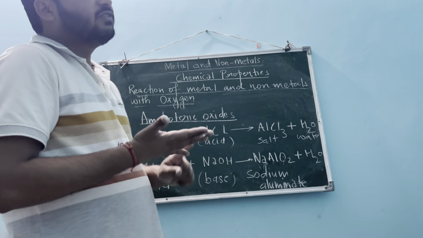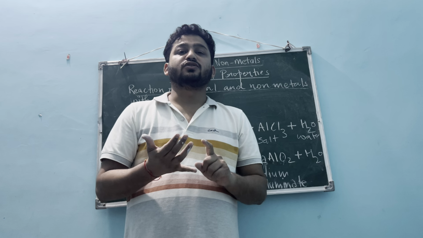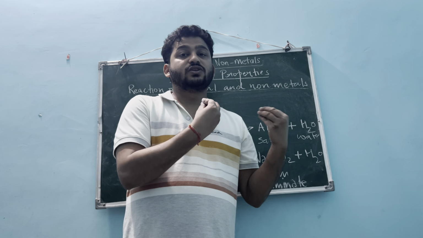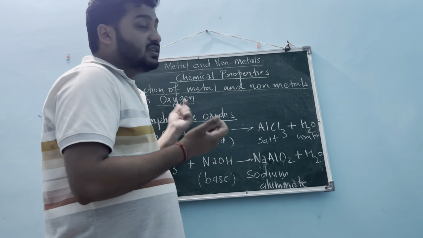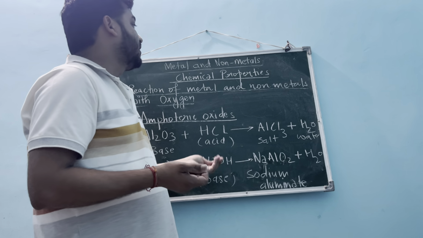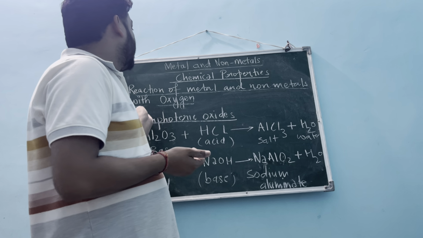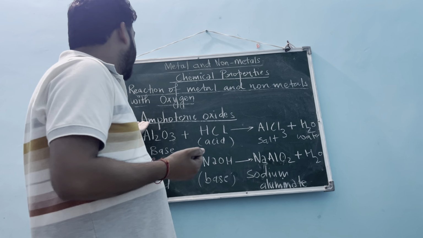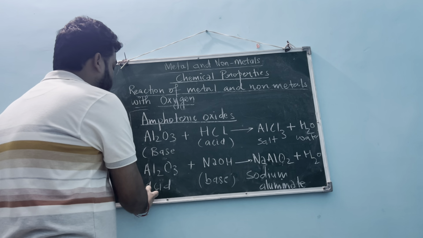So what have we learned? We have learned about the physical properties of metals and non-metals, what metals are, which ones lose electrons, which ones gain electrons. Then physical properties and chemical properties. We have done only one chemical property, the reaction of metals with oxygen. And the very important part was amphoteric oxides.